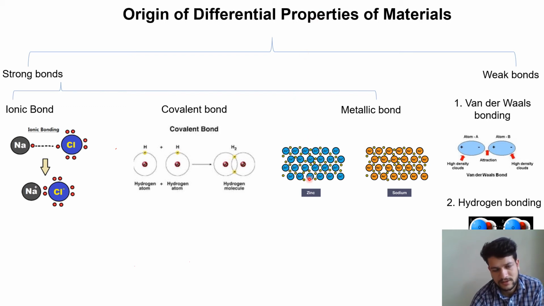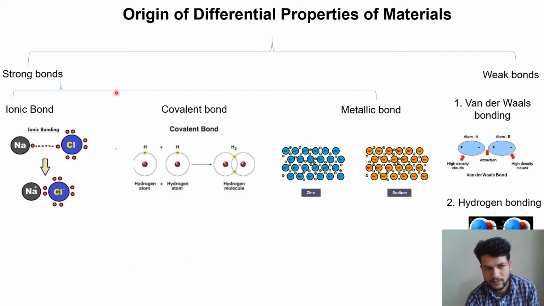The electrons between these cations are free. They are not attached to this metallic core. They act as a glue, but they can move around in this metallic core. Thus, these metals have high electrical and thermal conductivity.